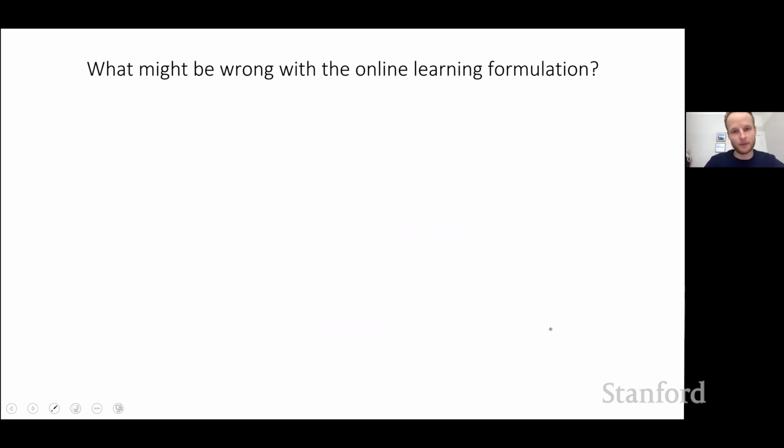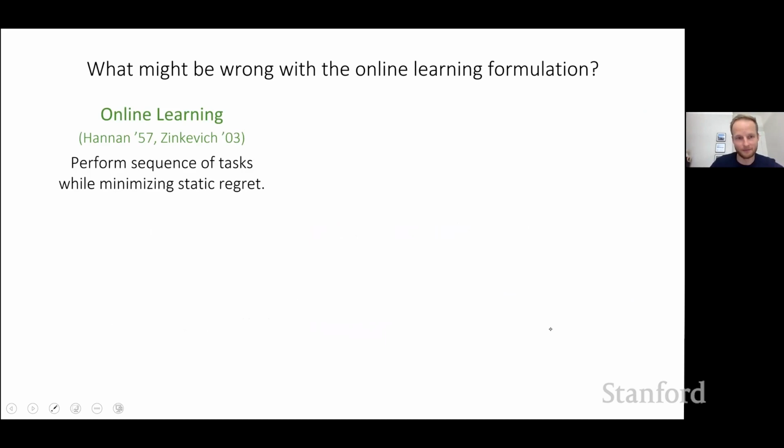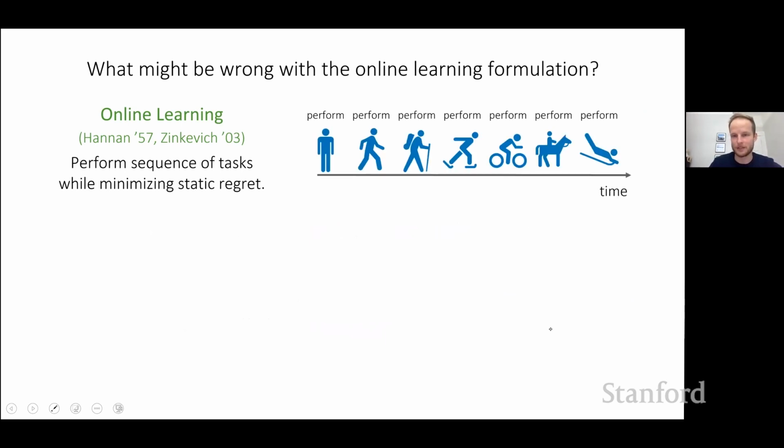All right, so if we look at this online learning formulation that we had before, there might be something that's a little bit wrong with it. And I was trying to hint at it during our breakout rooms. So with the online learning setting, we have to perform a sequence of tasks while minimizing the static regret. What that means is that you measure the performance as soon as you're presented with a new task or a new data point.